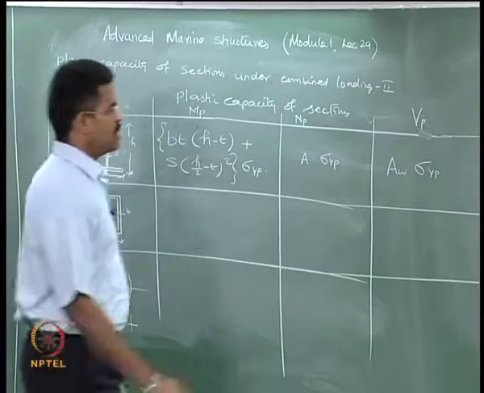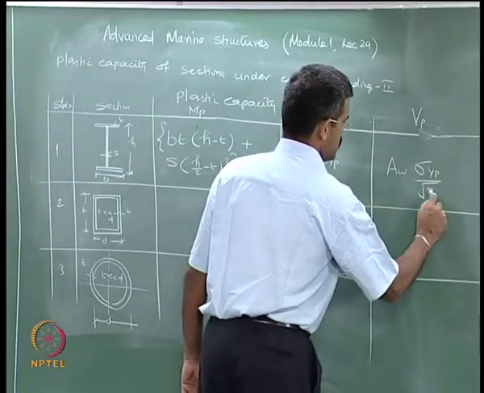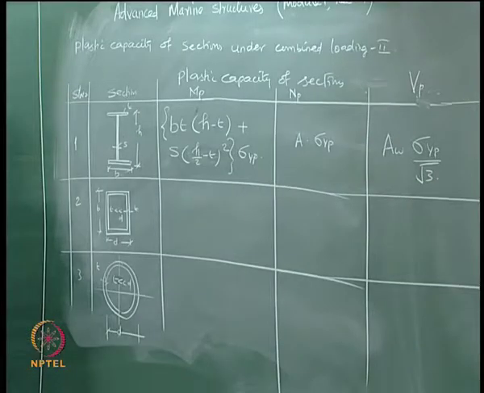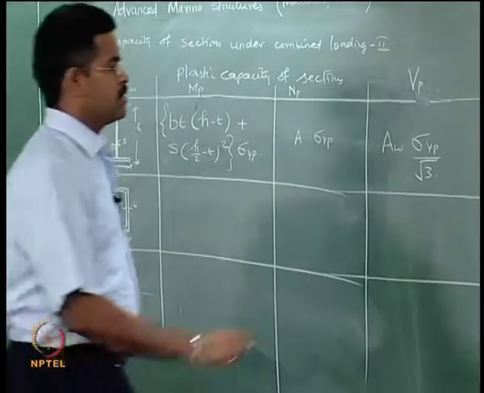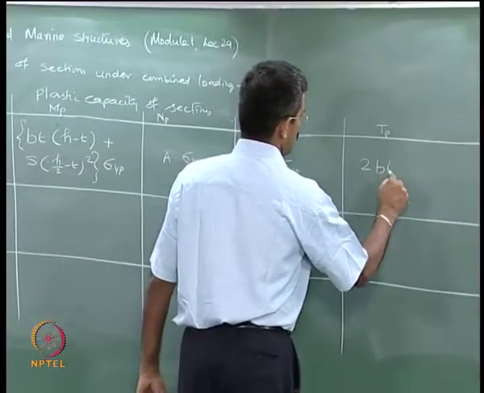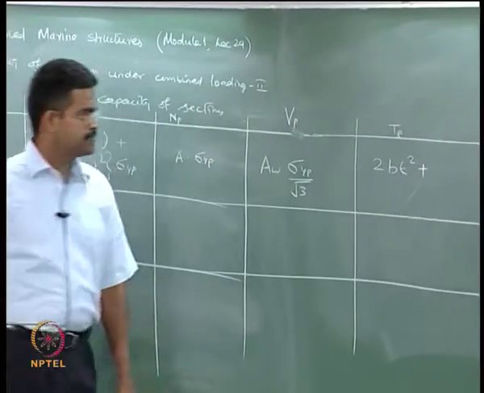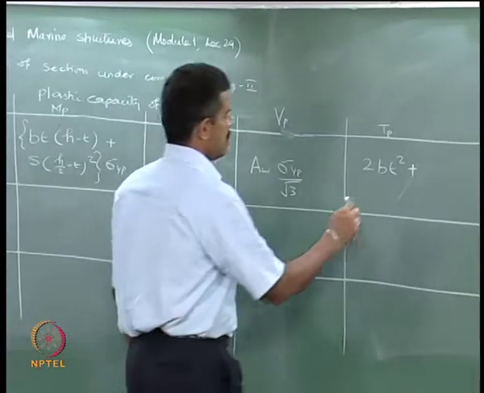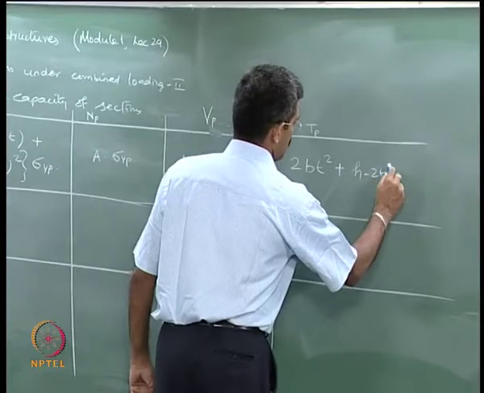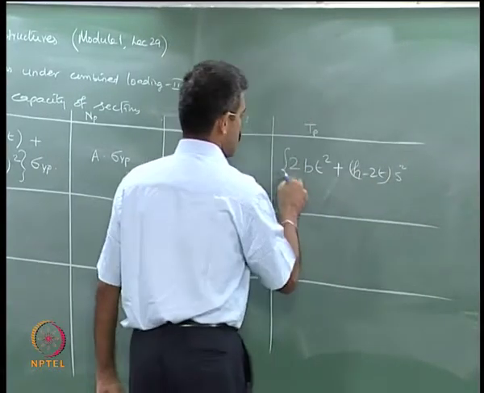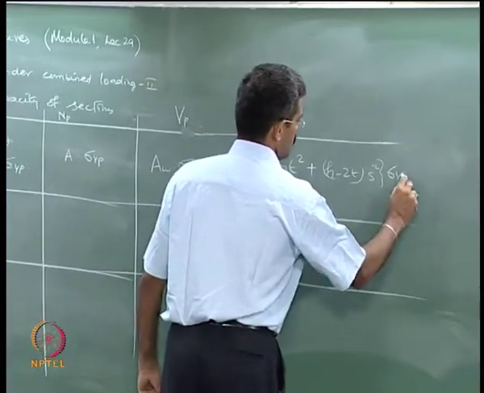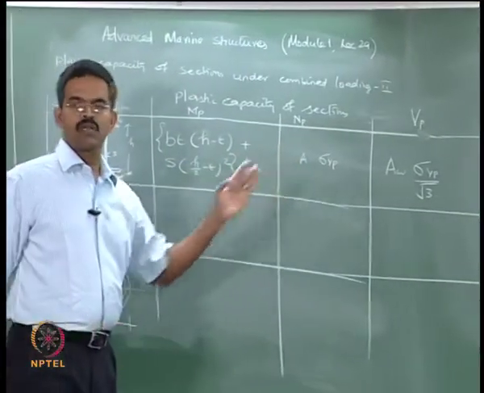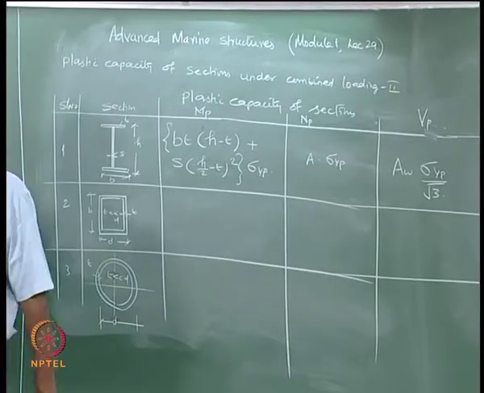Of course, for shear we are applying the von Mises failure theory, so it is divided by root 3, and for Tp it is 2 Bt square over root 3. Shear and torsion are anyway connected to each other, we already explained that in the last lecture.